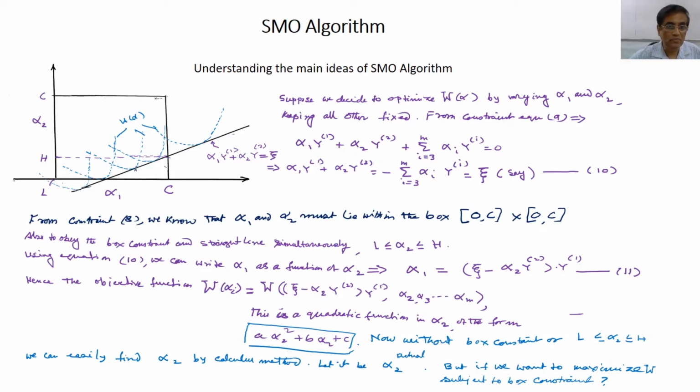Whatever values of alpha 1 and alpha 2 you get, you keep them, because those values together with this straight line are satisfying the constraints, and you are reaching the optimum.